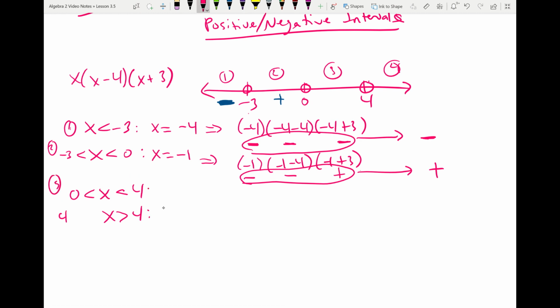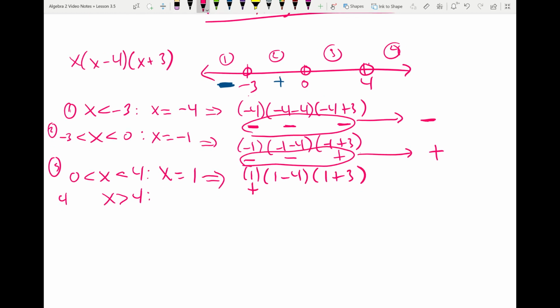So for this part, we're going to plug in x equals 1. So we get 1 times 1 minus 4 times 1 plus 3. So we have a positive times a negative times a positive. Positive times a negative is a negative. A negative times a positive is a negative. So we have here a negative.